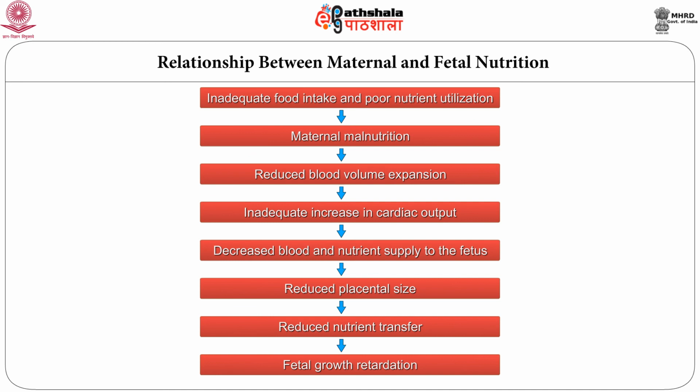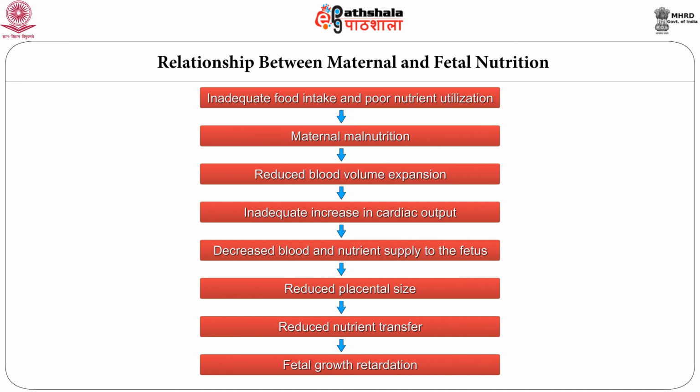Finally, let us now see the relationship between maternal and fetal nutrition, which is shown in a flow chart. First of all, if there is inadequate food intake and poor nutrient utilization, the outcome is maternal malnutrition.